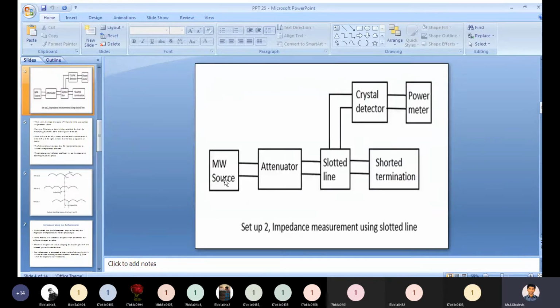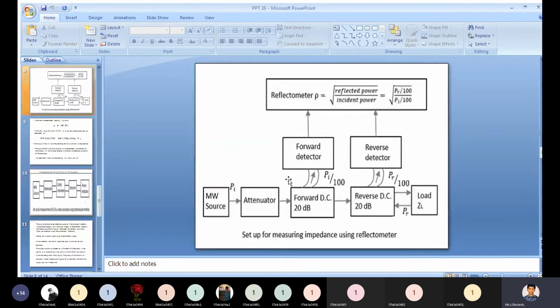Here we have the microwave source and attenuator, and here also the microwave source and attenuator. After that, we had the slotted line in the microwave bench setup, so from that you keep these two.